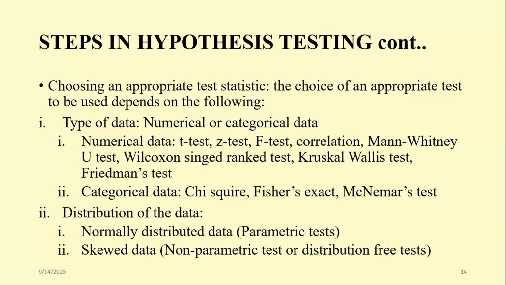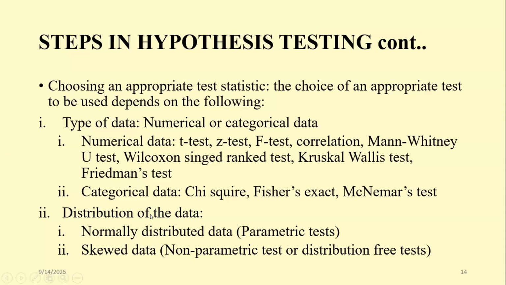While for categorical data, the possible tests that you are going to do are chi-square, Fisher exact, or McNemar's test. All these tests are dependent on the objectives of the study. Then you can also look at the distribution of the data.